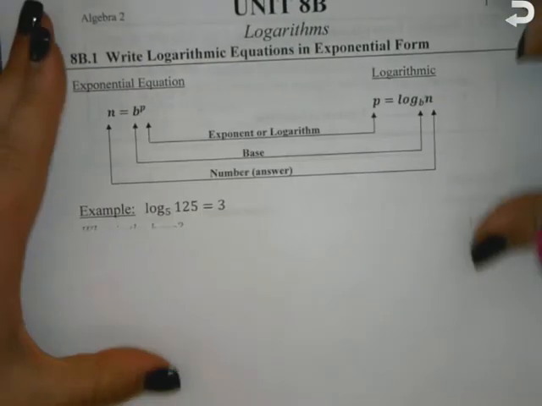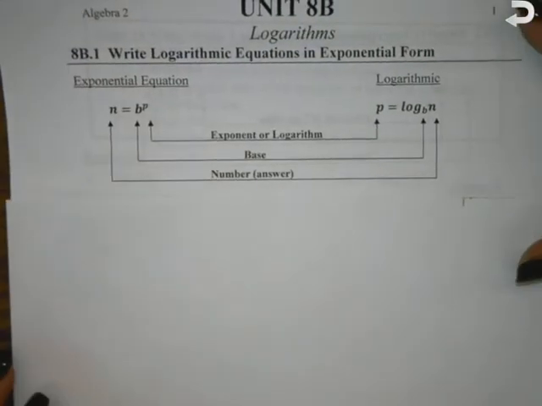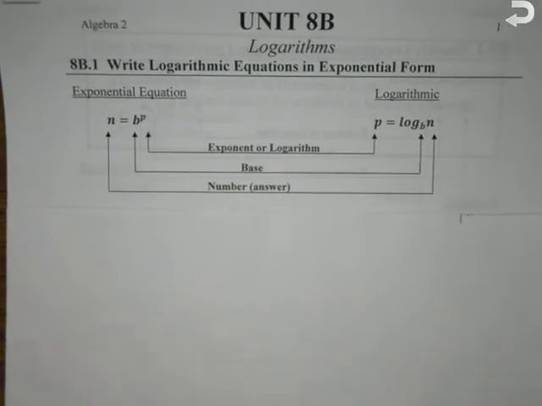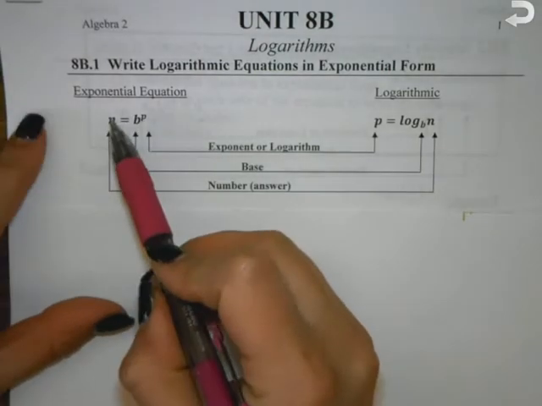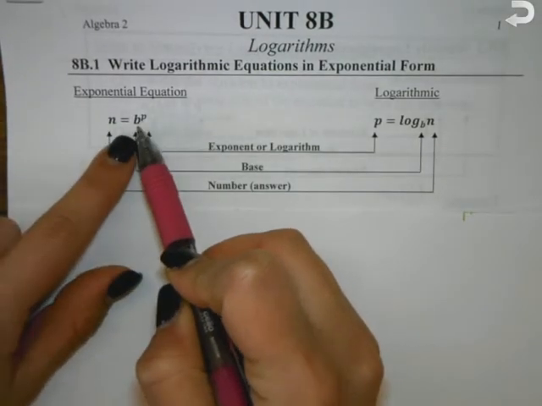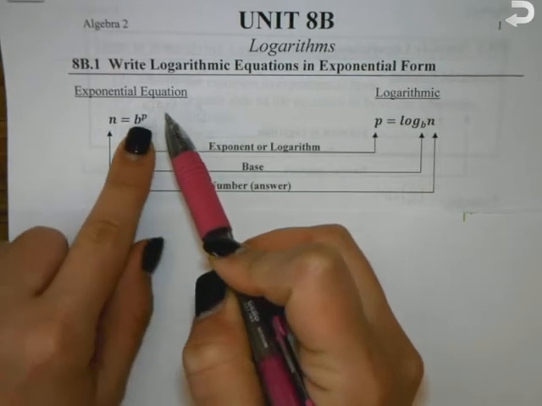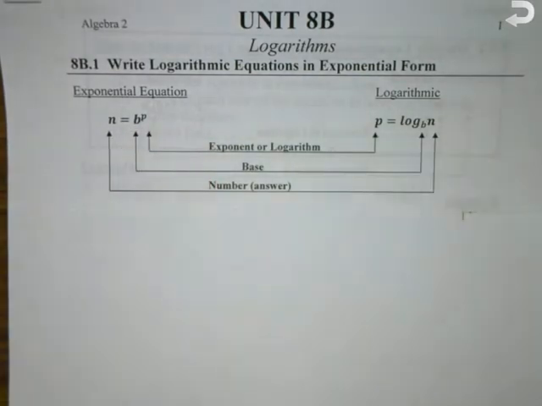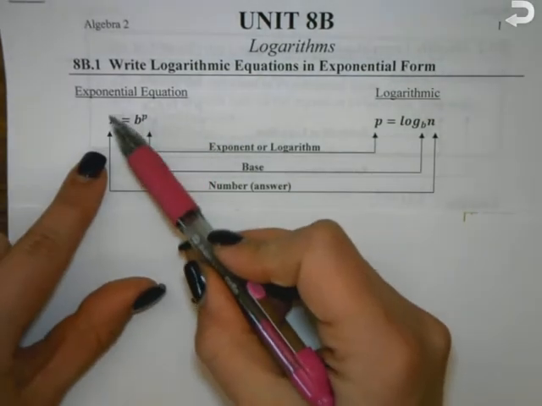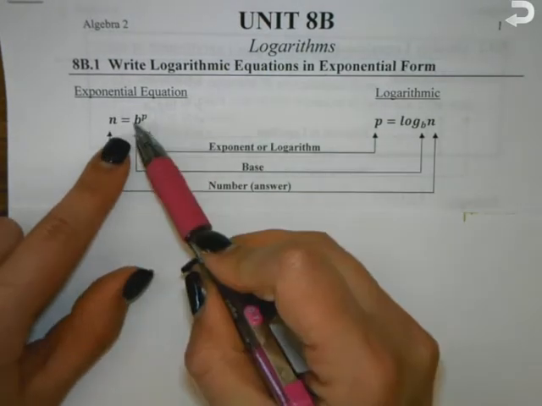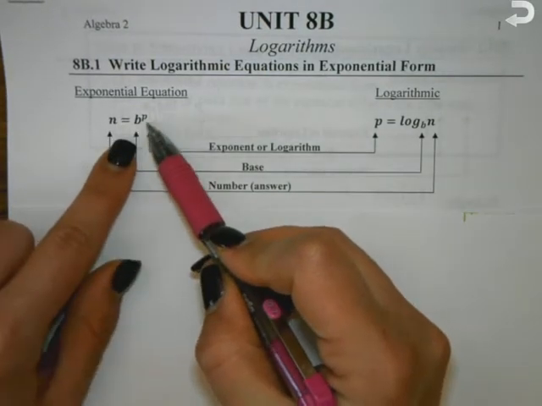So I'm going to give you a little chart that tells you how an exponent relates to a logarithm, and then we're going to do some examples. In your exponential function, you had been getting stuff like n equals b to the power of p. So n, b, and p would all have been numbers. N is your number or your answer, b is your base, and p would have been your power.